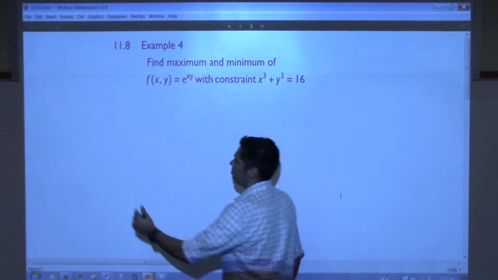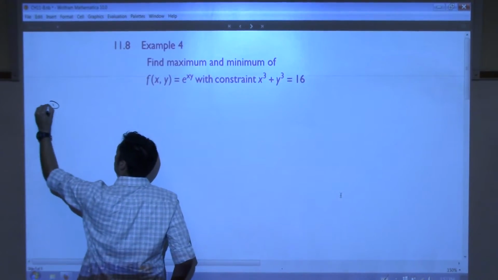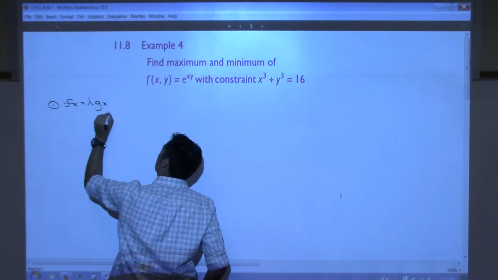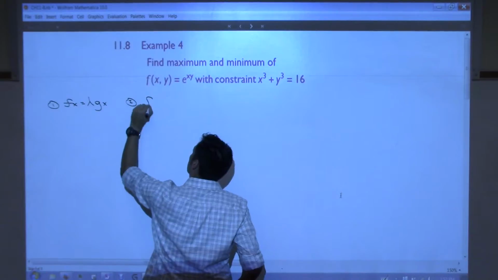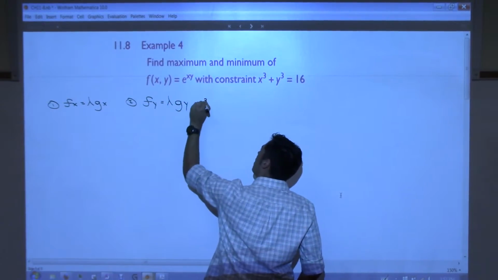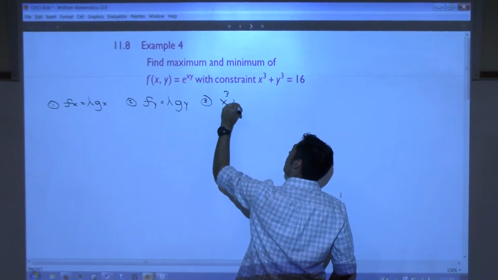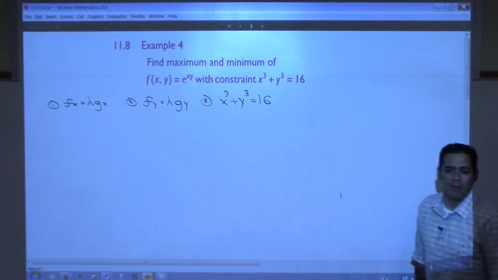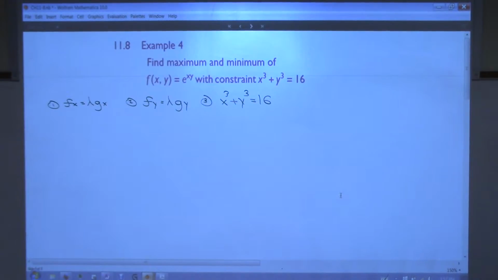So 3 equations. Partial f with respect to x equals lambda partial g with respect to x. Second equation, partial f with respect to y equals lambda partial g with respect to y. Third equation, constraint, x cubed plus y cubed equals 16. Once I set up the equations, I get to go solve them.